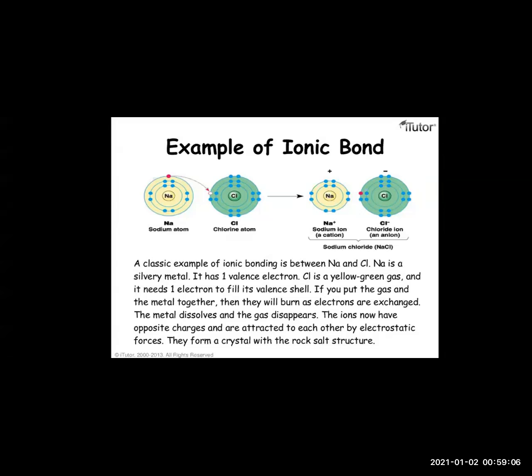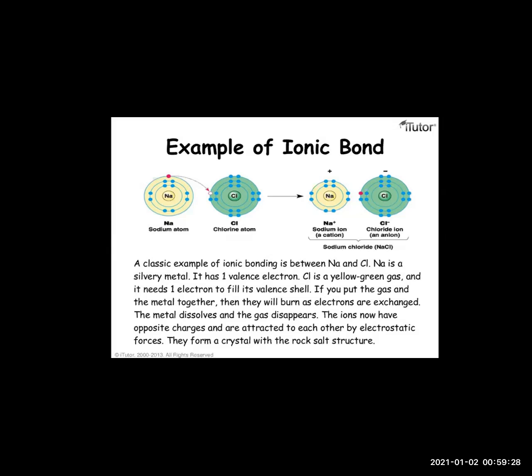We have studied that ions of opposite charges are attracted to each other by electrostatic force. So there is some electrostatic force produced between these two types of ions, and the opposite charges get attracted to each other.